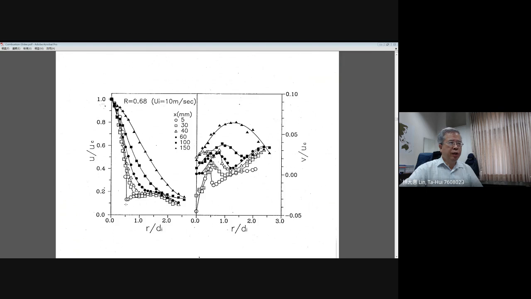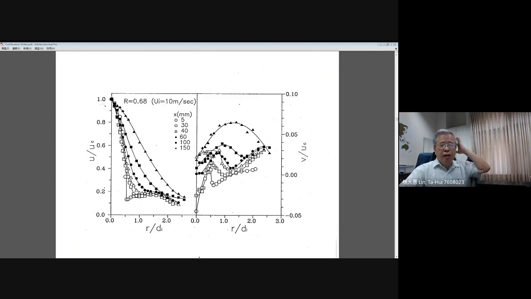But initially, when they are injected out, there's a big jump, okay, because we have a larger velocity in the inner jet and a smaller velocity in the outer jet, and they have a big difference. And this open circle represents the initial velocity distribution for this coaxial jet.